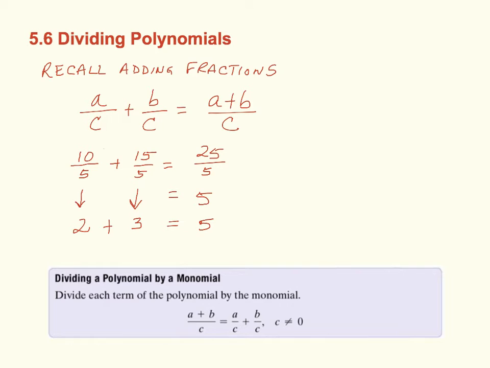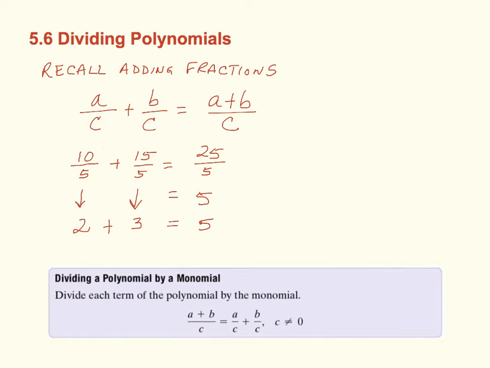So in this example, right here, we're adding a over c plus b over c. That's any two fractions that have the same denominator. What do you do? You add their numerators as it's indicated here, and keep the denominator the same.